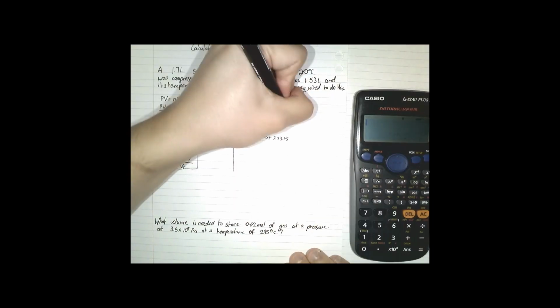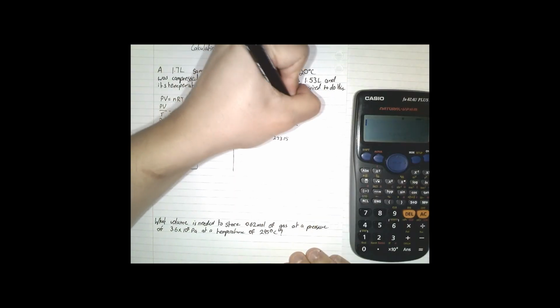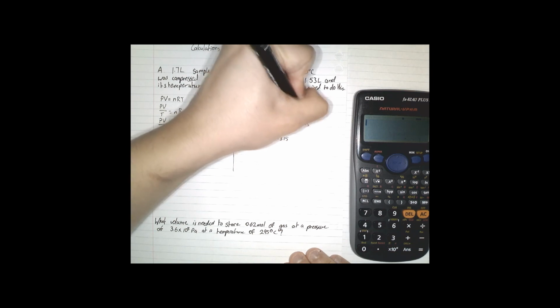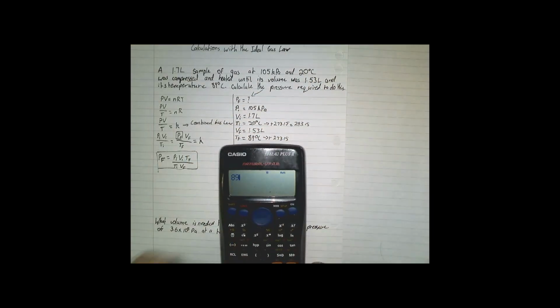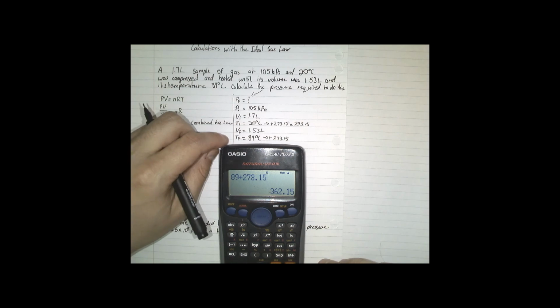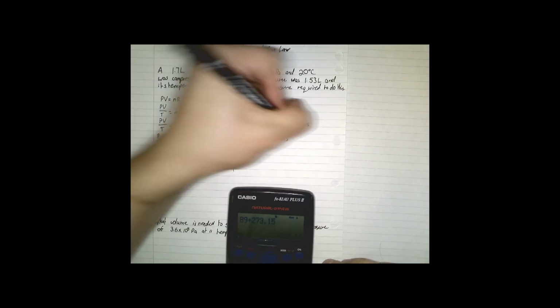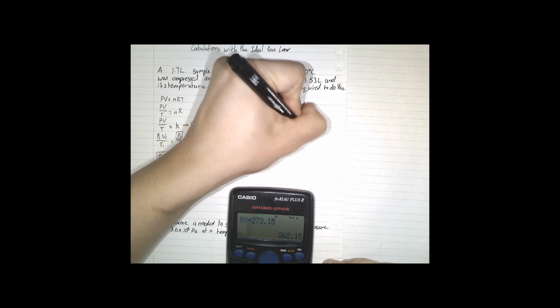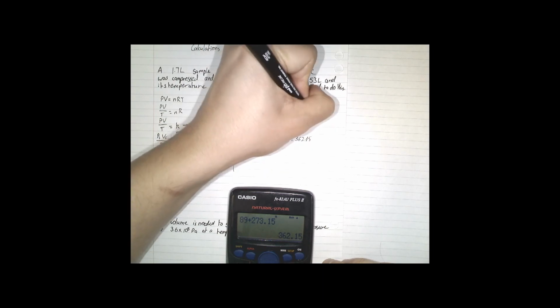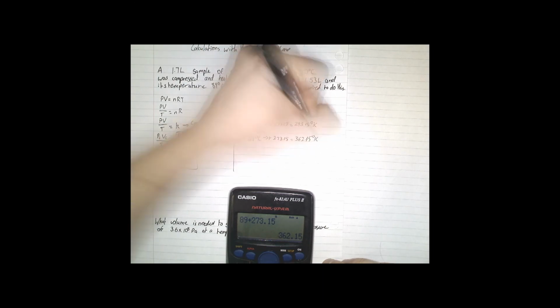So that is going to be 293.15. And just to make sure I get this right, 89 plus 273.15 is equal to 362.15. And I'm going to be putting those units in degrees Kelvin.